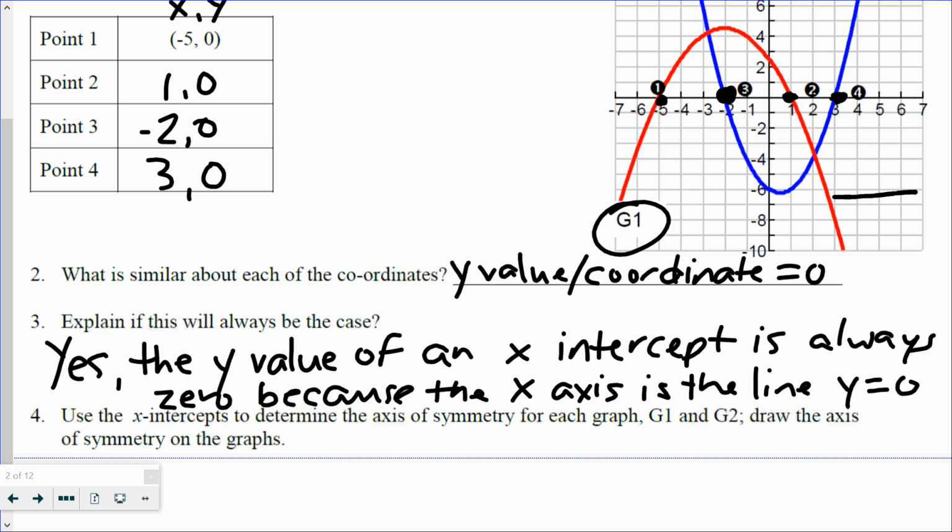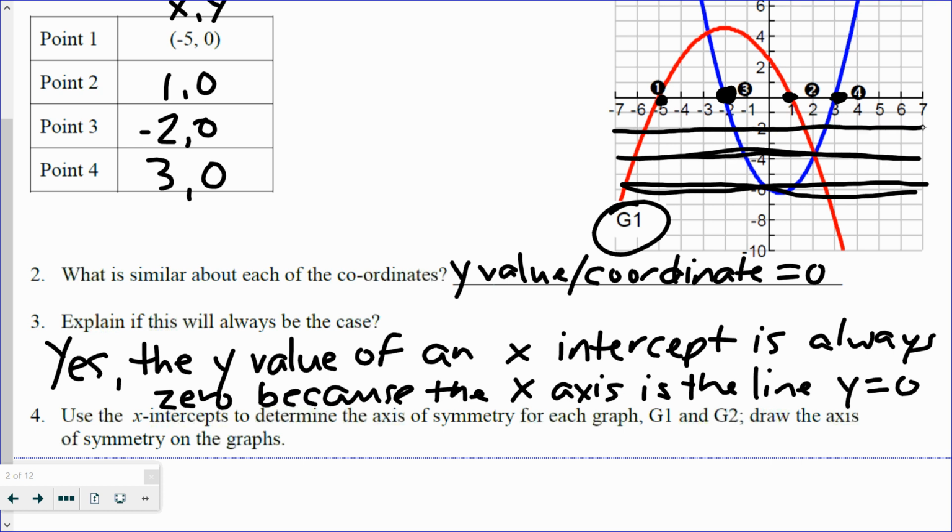Along here, up on the graph, this is the line y equals -6. This is the line y equals -4. This is the line y equals -2. Your x-axis is actually the line y is equal to 0.